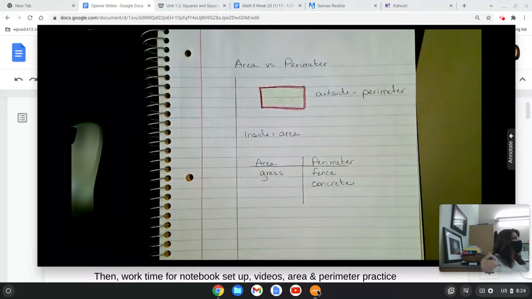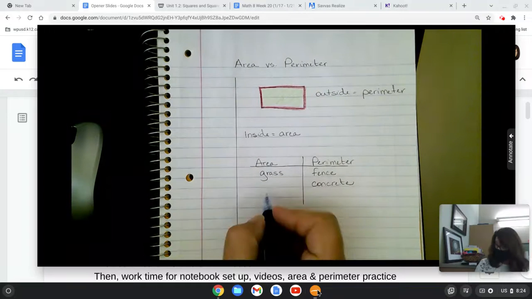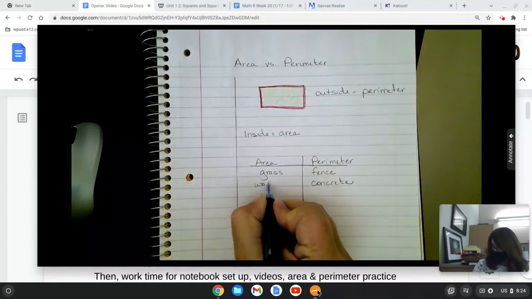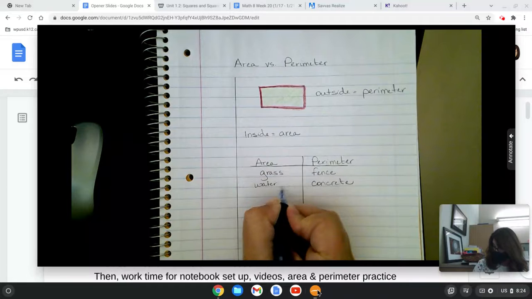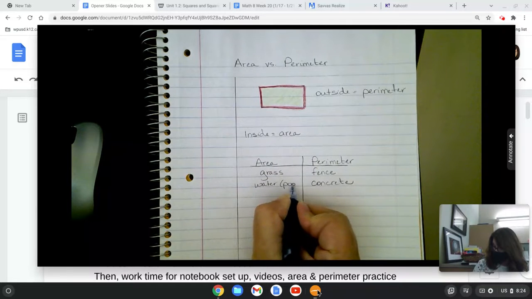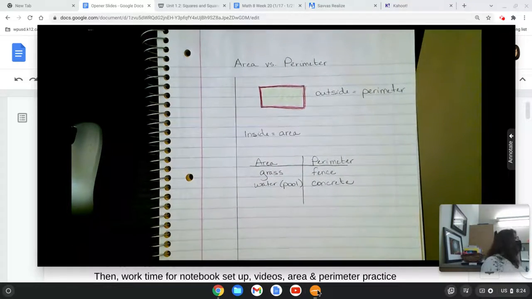What might we put inside a concrete perimeter? Sunny, what do you think? Water. Okay, water, like a pool. Okay, what other things might have area and perimeter?